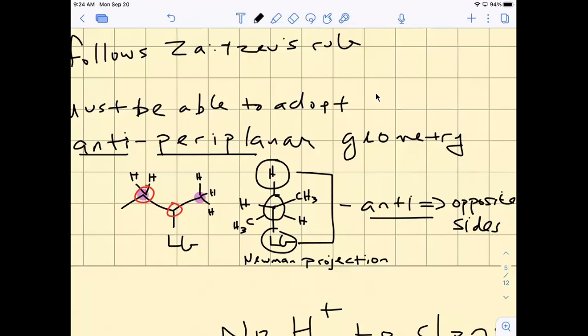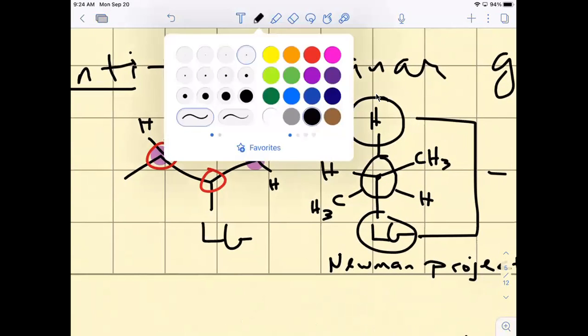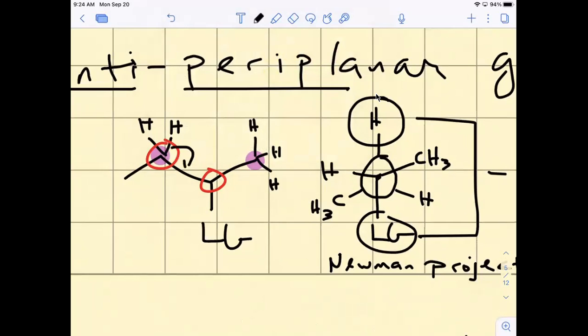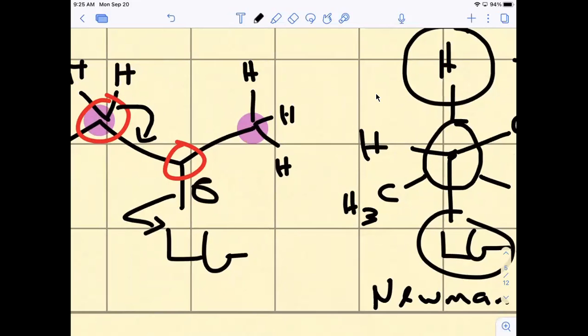And so when that proton is getting pulled off, in order for those electrons to be shared with the carbon where the leaving group is, right? In order for this to happen, and for the leaving group to leave, right? Those electrons have to be able to donate into what's called a sigma star orbital. So that's right here.